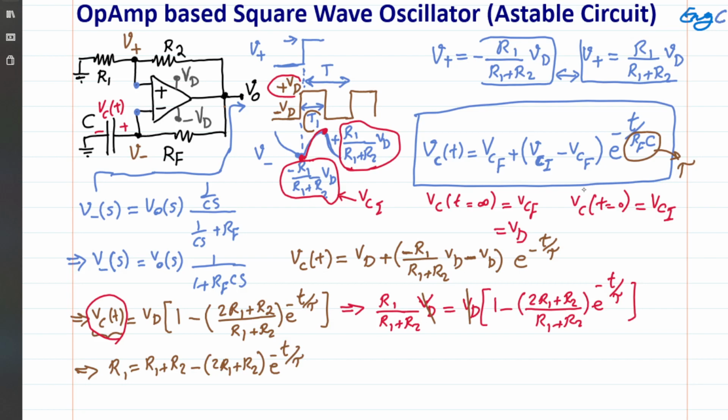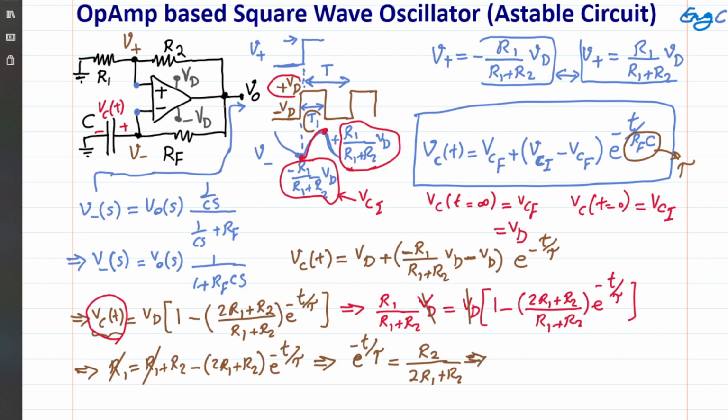Again, tau is Rf times C. So obviously R1 cancels out R1 here, and what you finally get to is this outcome: e to the negative t over tau is equal to R2 over 2R1 plus R2.